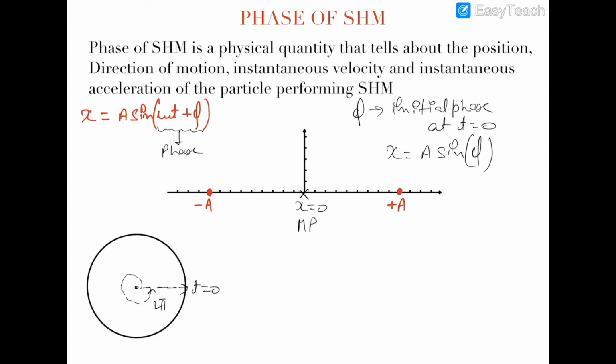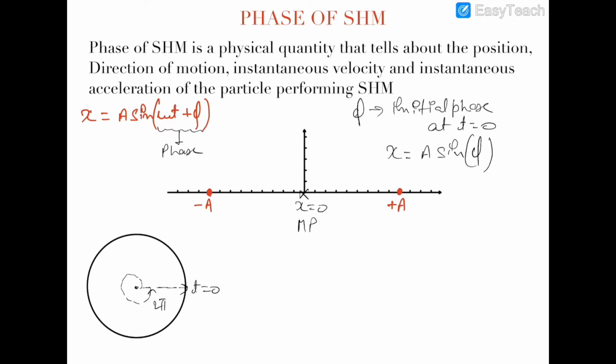So we can say when the particle completes one cycle of SHM, when it starts from this position and again comes back to this position, okay, so this is one complete cycle. So we can say that the phase covered in one complete cycle is 2 pi.